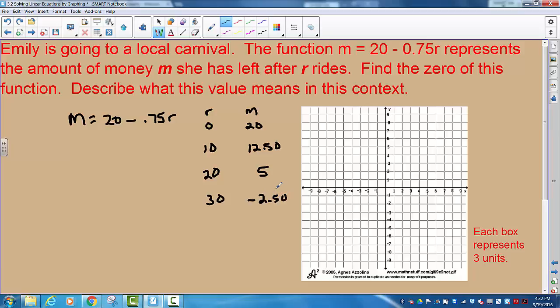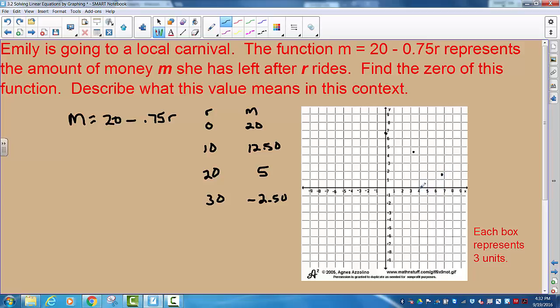So now let's graph. We've got 0 and 20. Every box represents 3 points, so 20 would be about right here. 10 and 12.50. 10 would be about here, and 12.50 would be about right here. 20 and 5, that would be about right here and here.